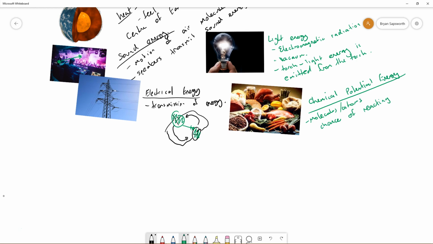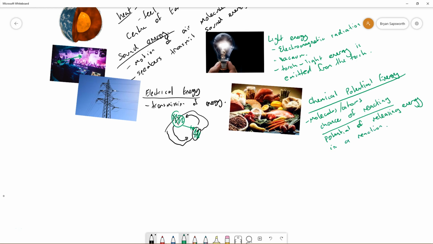That means they have the potential of releasing energy in a reaction.